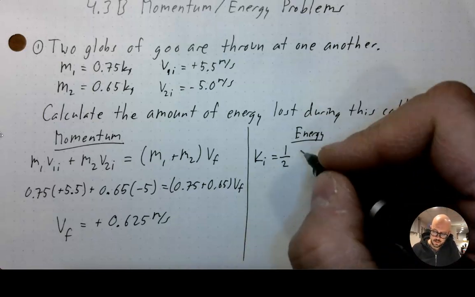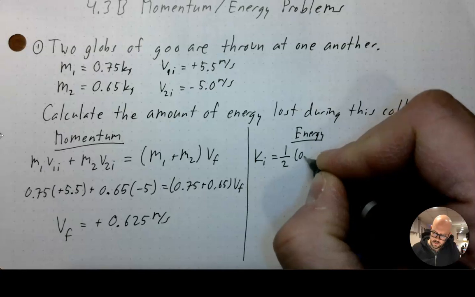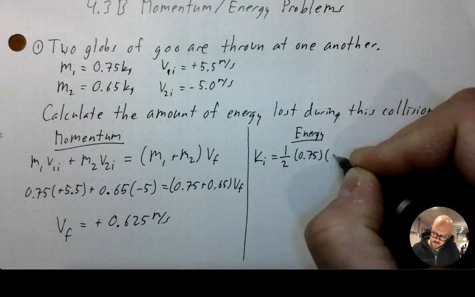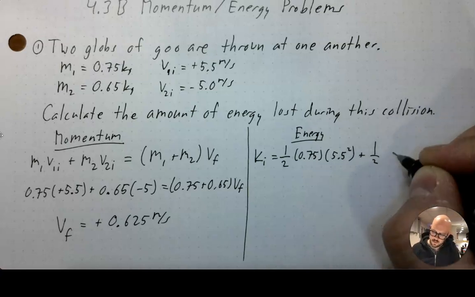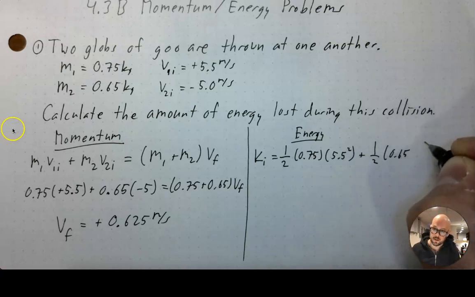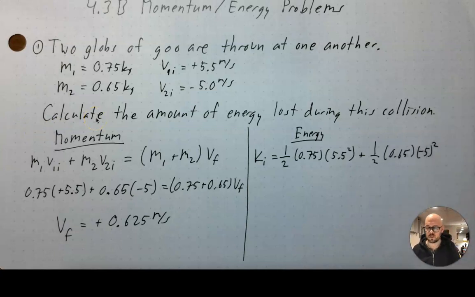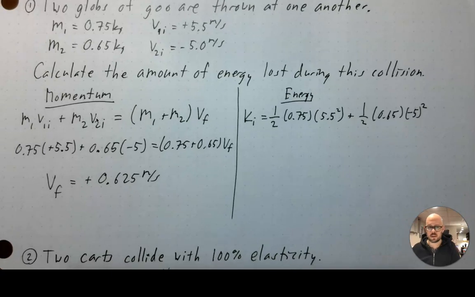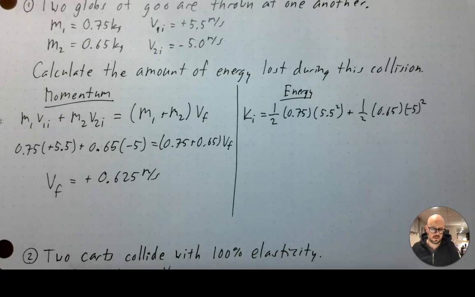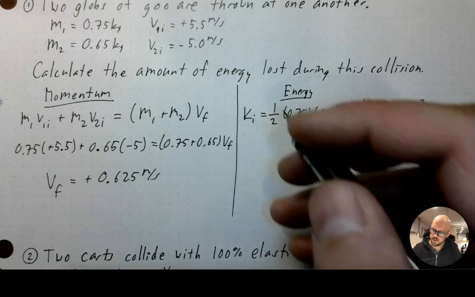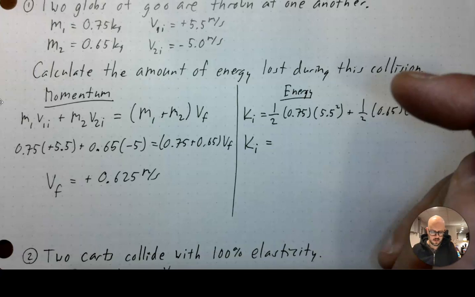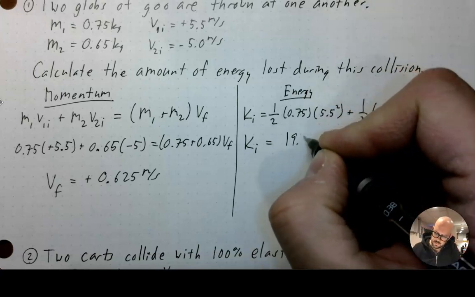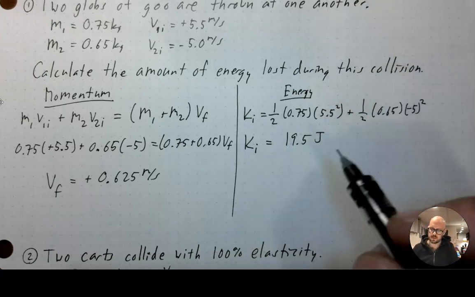So I'm going to do the kinetic energy of M1, 1/2 times 0.75 times 5.5 squared, plus the kinetic energy of M2, so 1/2 times 0.65 times negative 5 squared. Anything with a negative velocity will have a positive kinetic energy still, just because of that squared term. The squared term essentially turns velocity into a speed. And so that's 19.5 joules of kinetic energy.